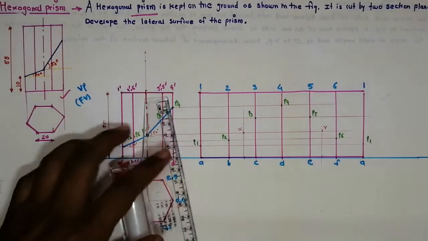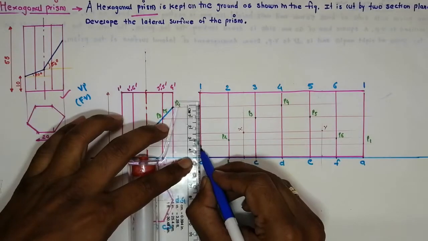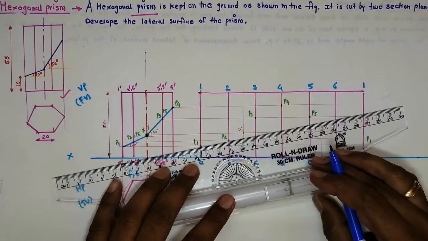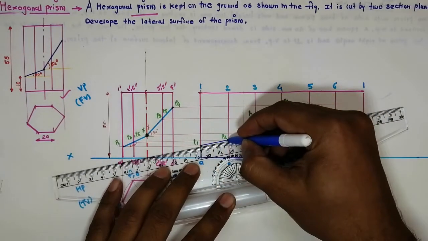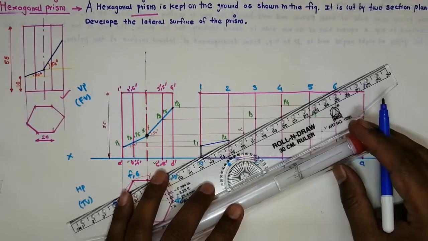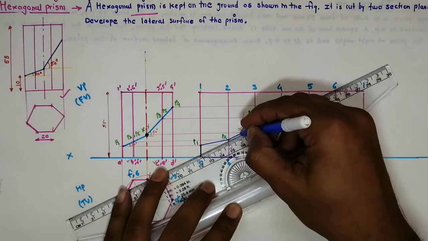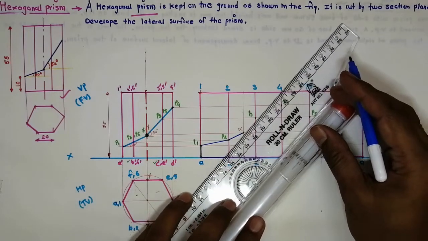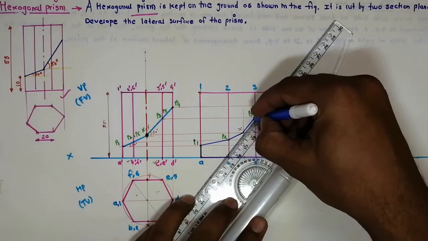Now the last step is to join these points down. So this is P1, it goes to P2. Now another point comes here, that is X. So this is X, then it goes to P3.